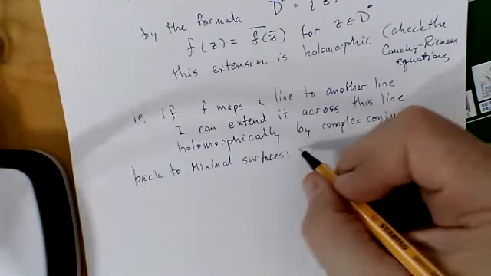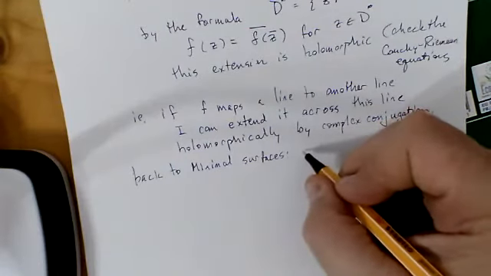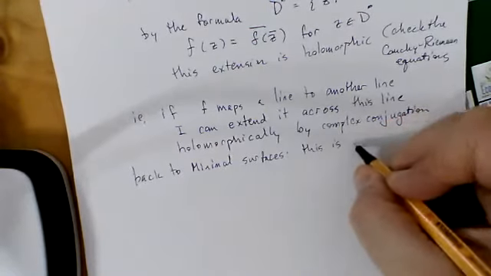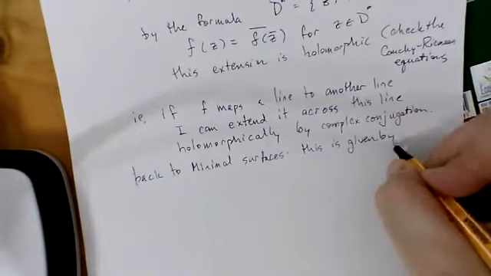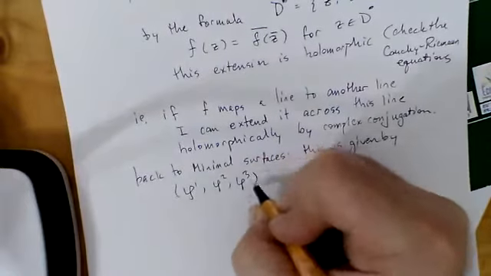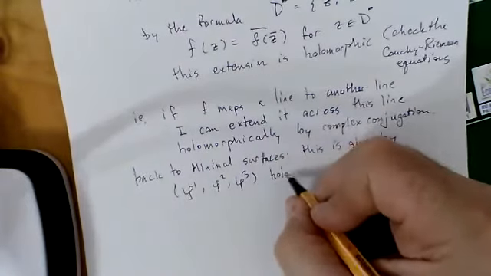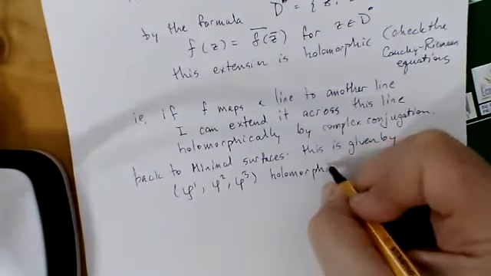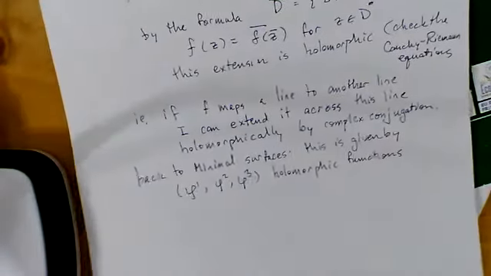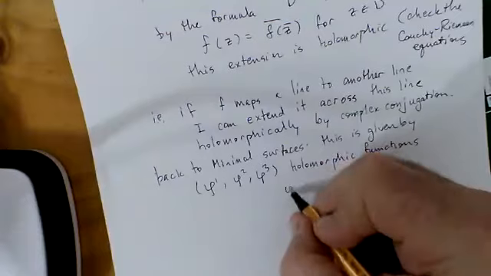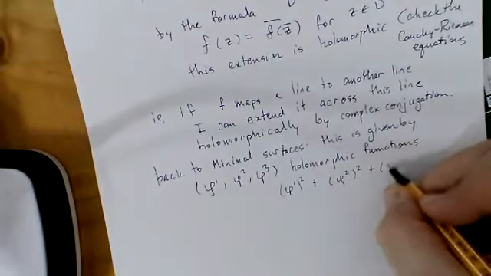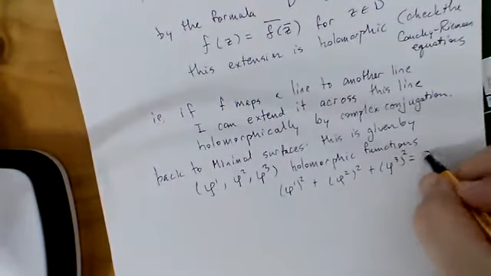So we see that our minimal surface is determined by a triple phi1, phi2, phi3 of holomorphic functions, which satisfy the condition that phi1 squared plus phi2 squared plus phi3 squared equals 0.